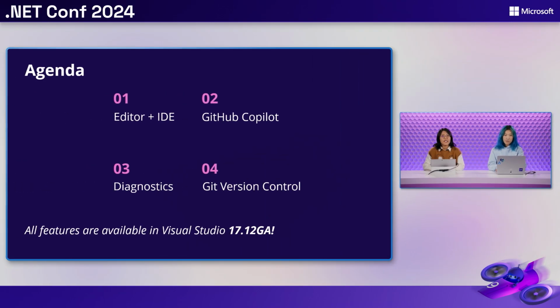Last but not least, we will show you our improved commit and push experience, which aims to give you a more seamless preparation to production and a more efficient version control experience. This is the agenda we have for today's presentation.